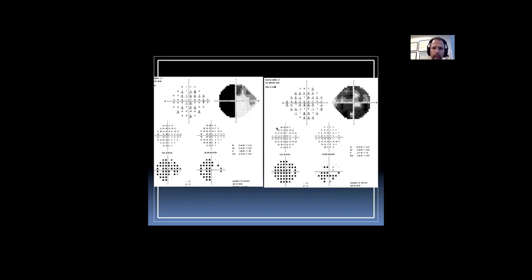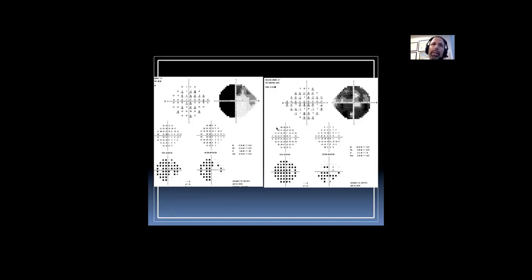Can you please explain the confrontation field with a red cap? It's not really different than saturation of the color. The idea is that if you have a field defect that respects the vertical or the horizontal midline, in that field the person may not see the red top as bright red.